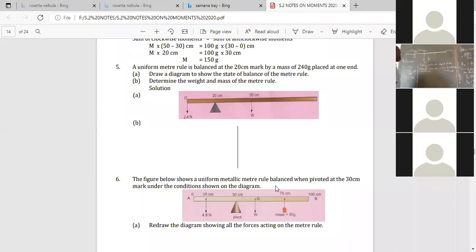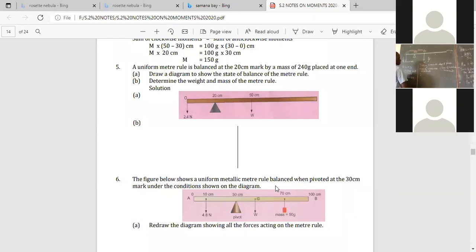So the moment: 2.4 times 20 is the anticlockwise moment. W times 30 is the clockwise moment. So W times 30 is equal to 2.4 times 20.